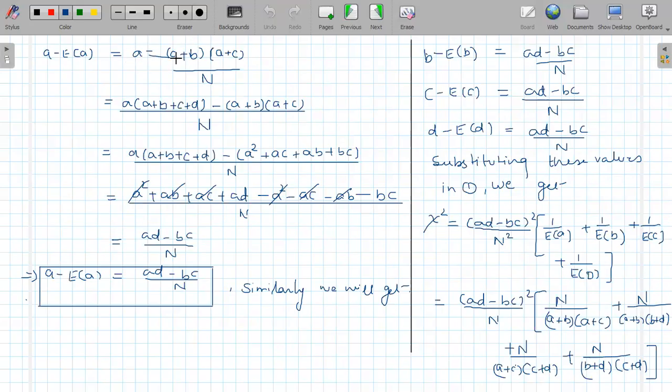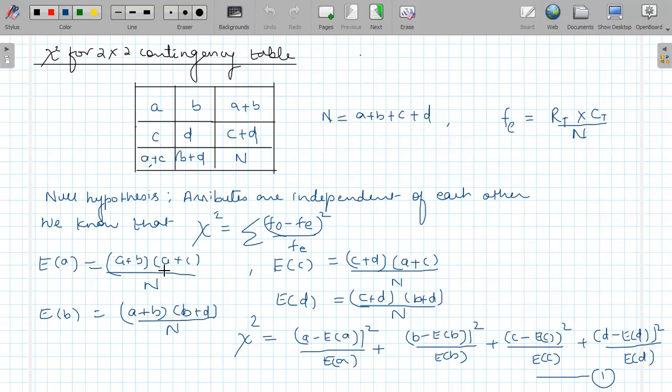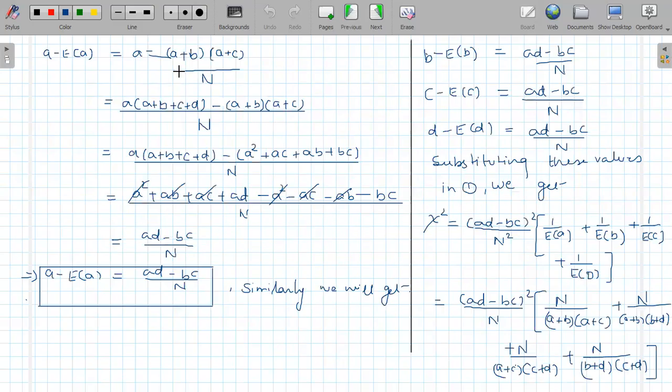A minus expected value of A is A plus B into A plus C divided by N. Then we take the LCM, that N will multiply with A into A plus B into A plus C whole divided by N. Simplifying this, we will get AD minus BC upon N.